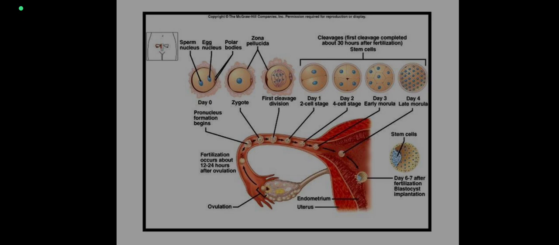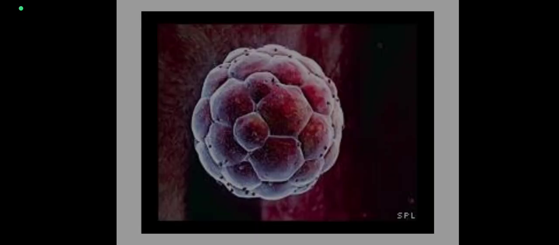In the blastula stage, the fertilized egg cells are ready for implantation in the uterus. When it implants in the uterus, it develops into an embryo. The blastula stage cells taken from the outside act as stem cells. This is the late morula stage, the 16 cell stage.